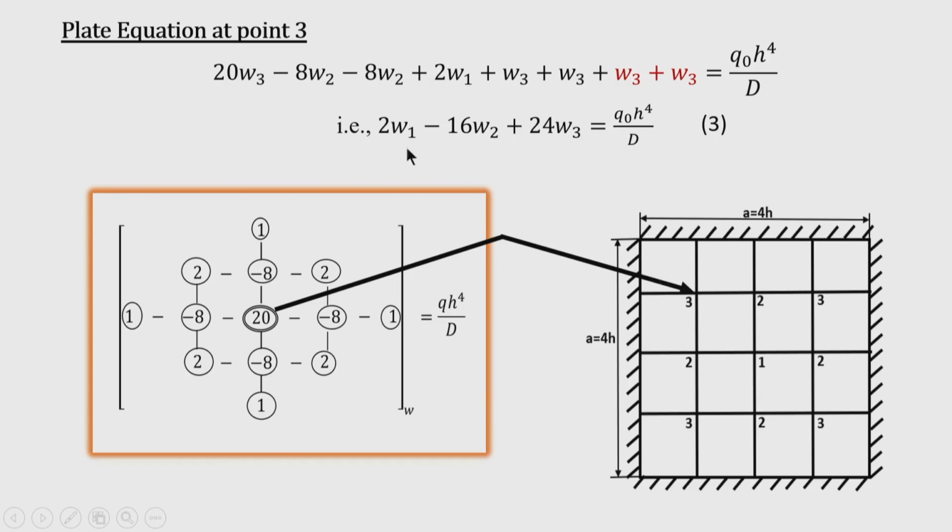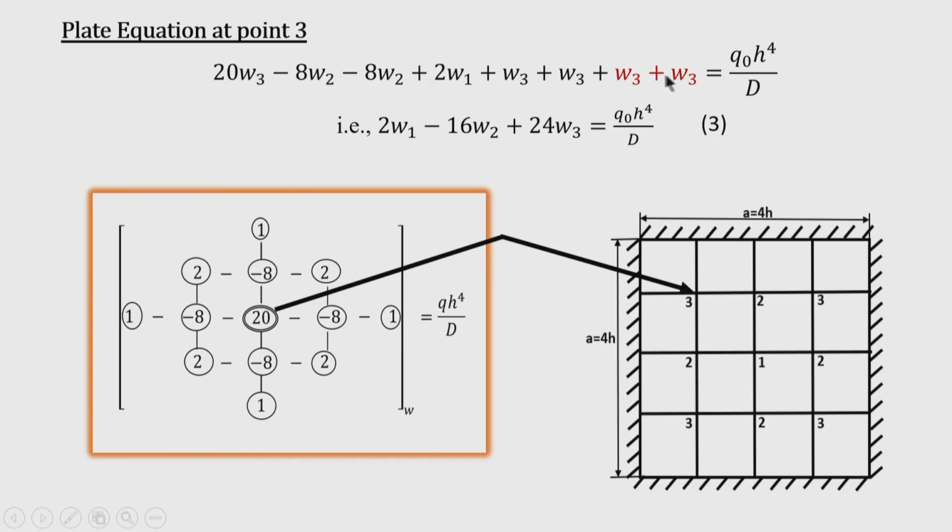If I place the 20 here, one imaginary node you are getting in the vertical direction and one imaginary node in the horizontal direction. So, therefore, two imaginary nodes: one imaginary node goes here whose image is 3, another imaginary node goes here whose image is also 3.